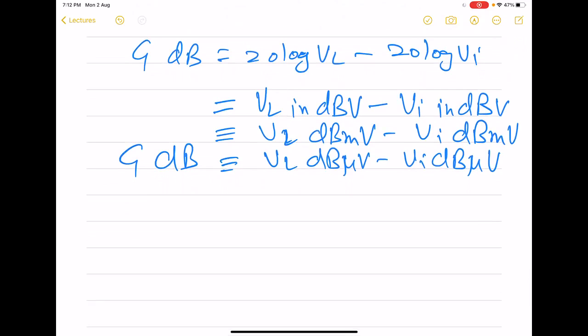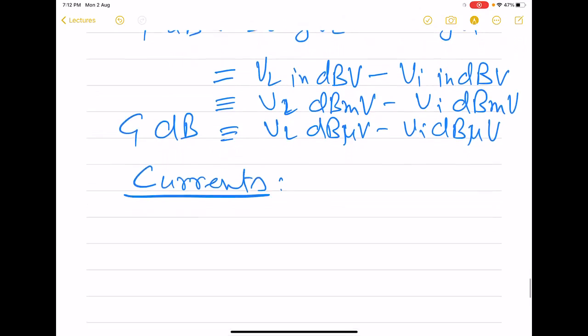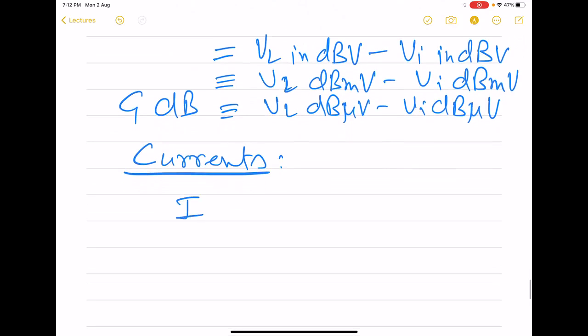Now this was for voltages. What about currents? For currents also, we do the similar thing. That means suppose we have current I expressed in ampere.